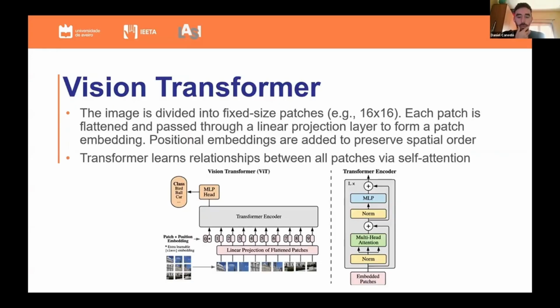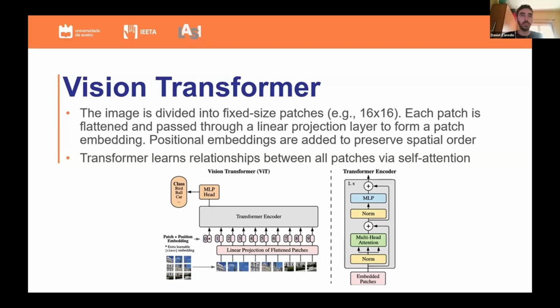So it's important to contextualize the technology that we use. We utilize vision transformers, which are not large language models, but they utilize the principles of LLMs. What this network essentially does is divide the image into fixed size patches, and you can see these patches as words in a sentence, and the sentence being the whole image.